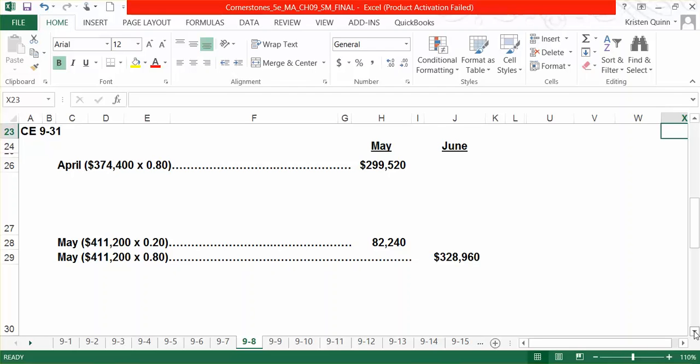Finally, in the month of June, we have direct materials that were purchased on account totaling $416,000. According to our policy, we will pay 20% of that amount in the month of June and the remaining 80% in the following month, which is July.